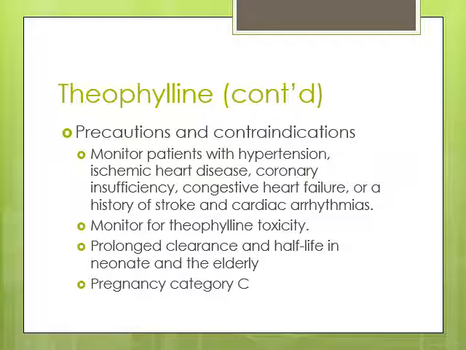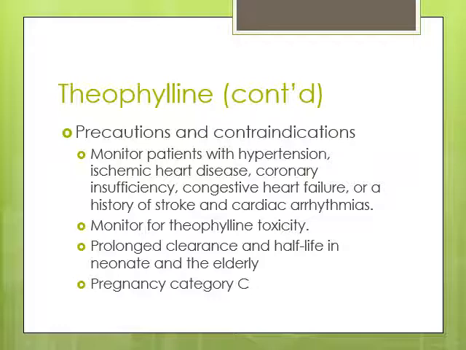Excessive use can also lead to toxicity. With theophylline, the incidence of toxicity increases when serum theophylline levels are about 20, so that's the area you need to look for. Toxicity is found if serum theophylline levels reach 25 micrograms per milliliter in 75% of patients.